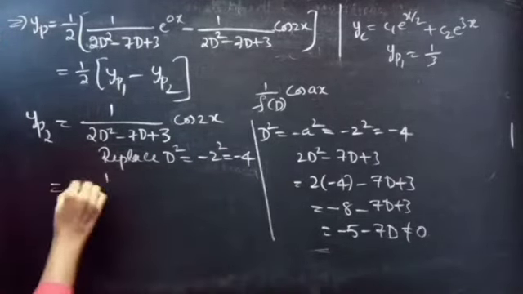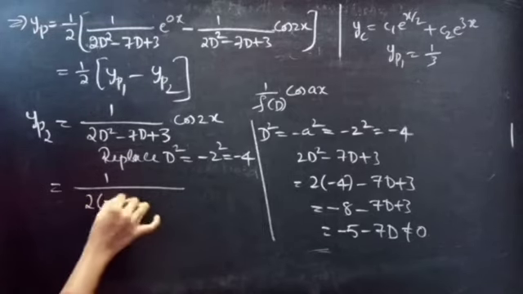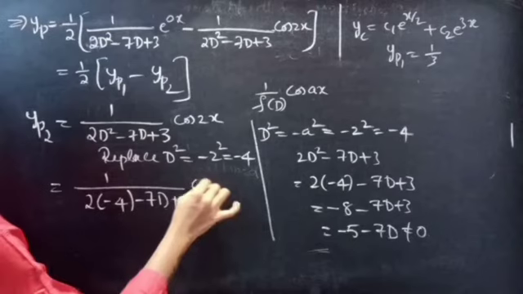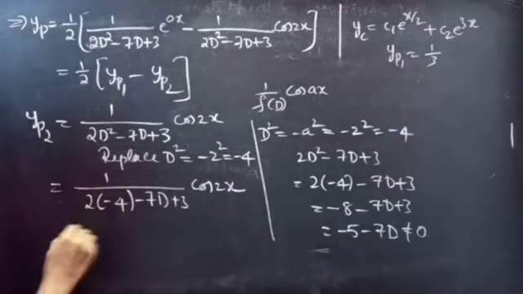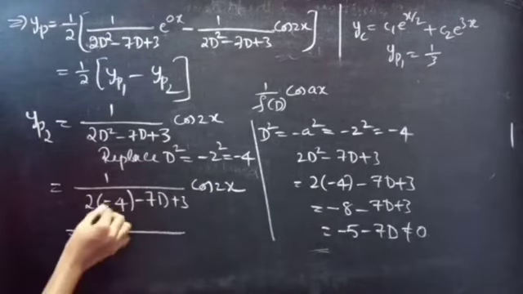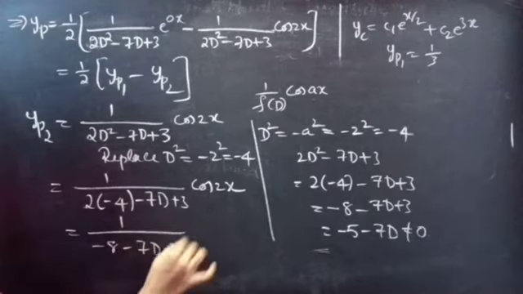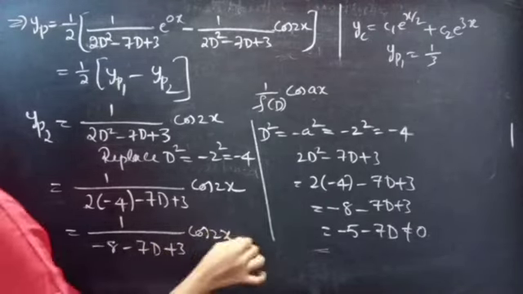And this becomes 1 by 2 into (-4 - 7D + 3) into cos 2x, which equals 1 by (-2 fours are -8 - 7D + 3) into cos 2x.